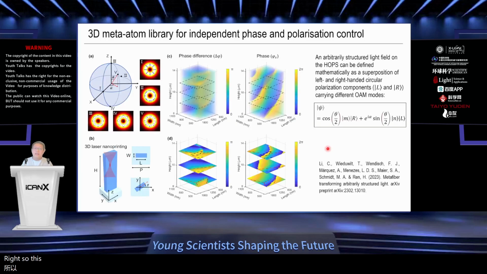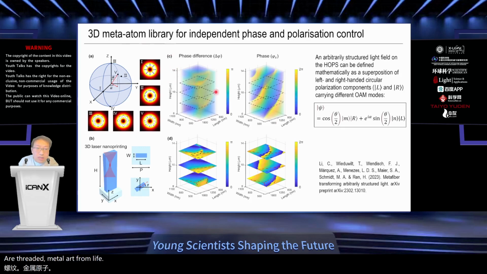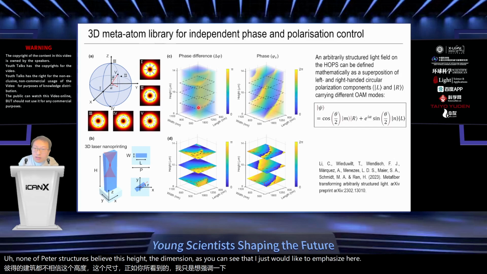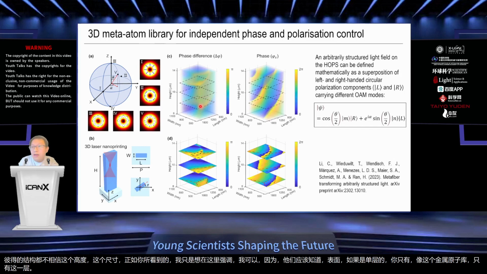So this gives us the opportunity to arrive at this 3D metaatom library, based on the 3D nanopillar structures with this height dimension, as you can see. I just would like to emphasize here, like a traditional metasurface, if it's a single layer, you only have a metaatom library with this kind of one-layer structure, right?